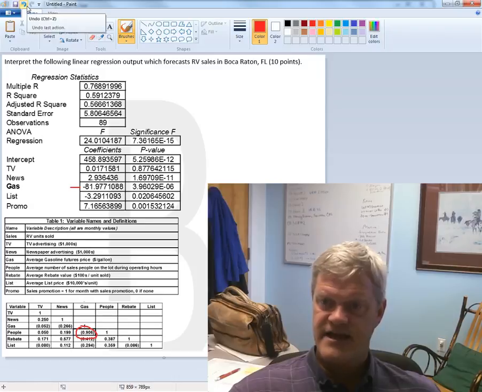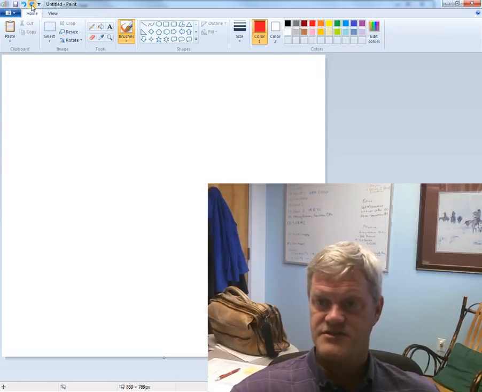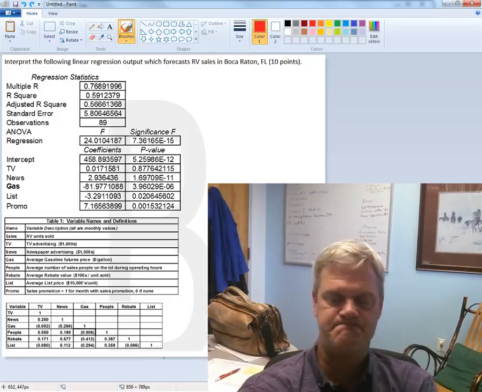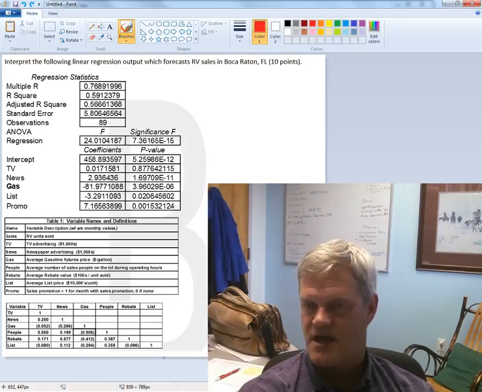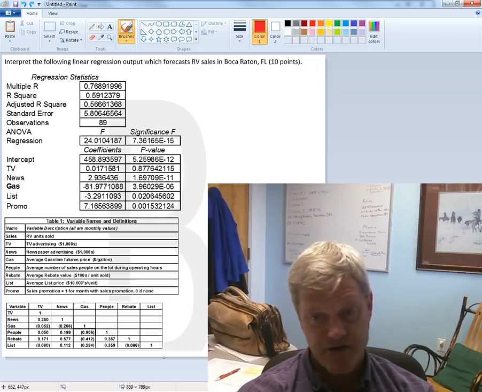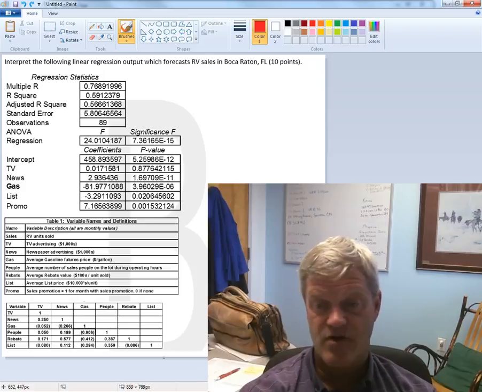The next thing that you would interpret from this information is you could predict RV sales. Now, you would have to know how much money you spend on newspaper advertising, and you'd have to know the price of gas.